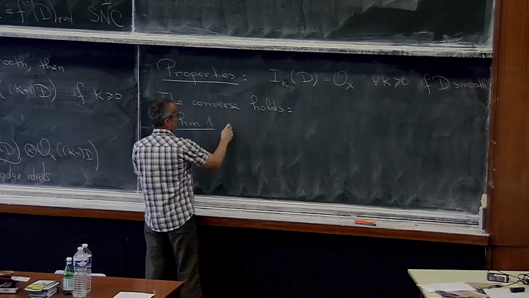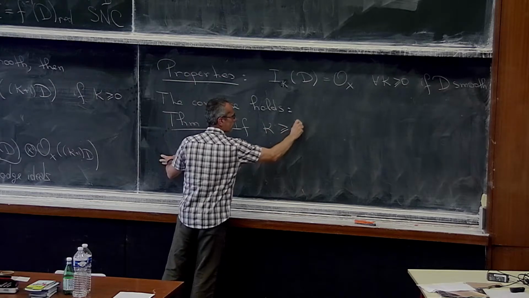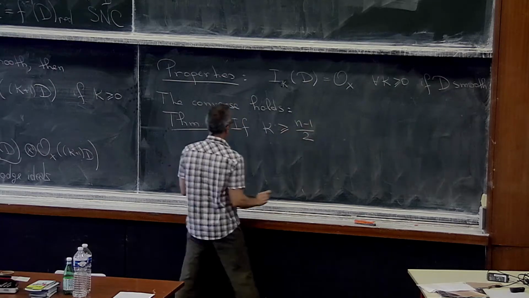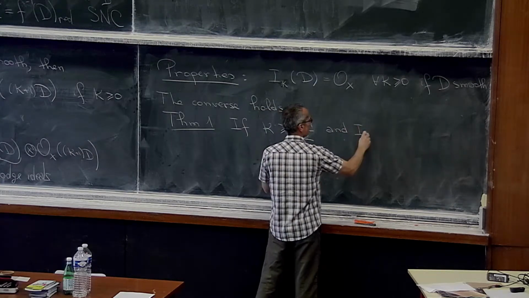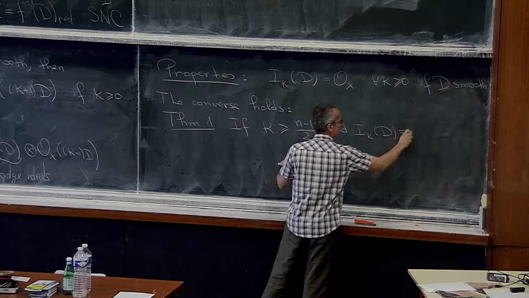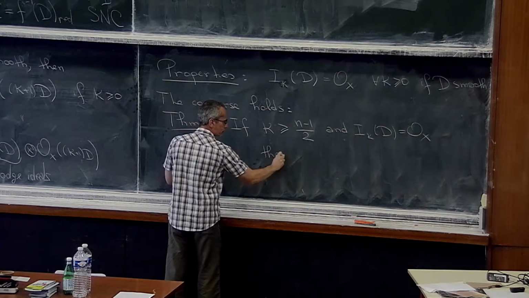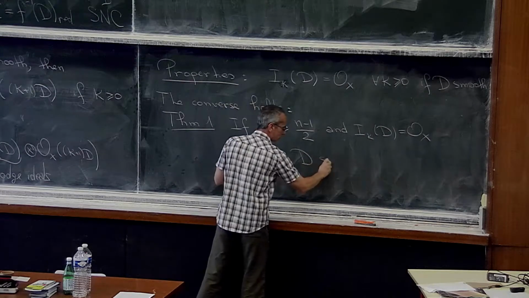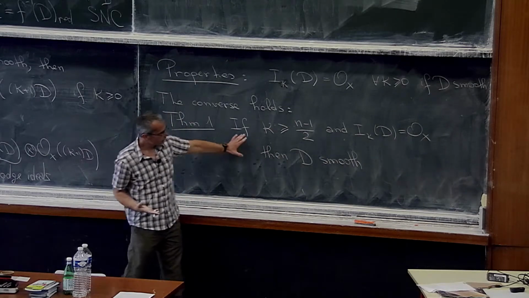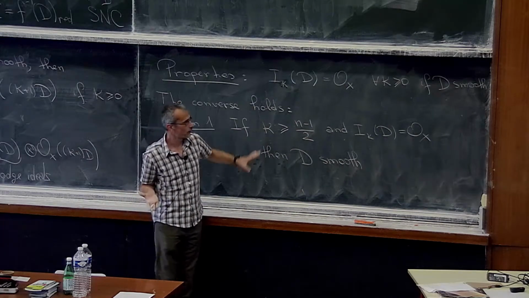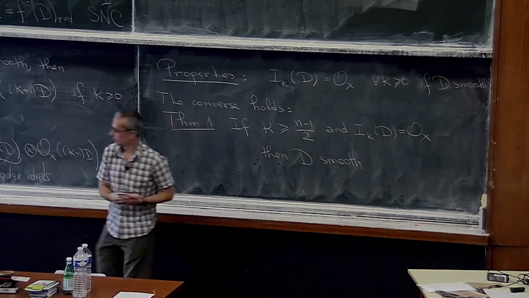So you can say that if k is greater or equal than n minus 1 over 2, and I_k(D) is the structure sheaf, then in fact D is smooth. Okay, so unlike the multiplier ideal, these ideals, at least if you go far enough, they recover the smoothness of the divisor.